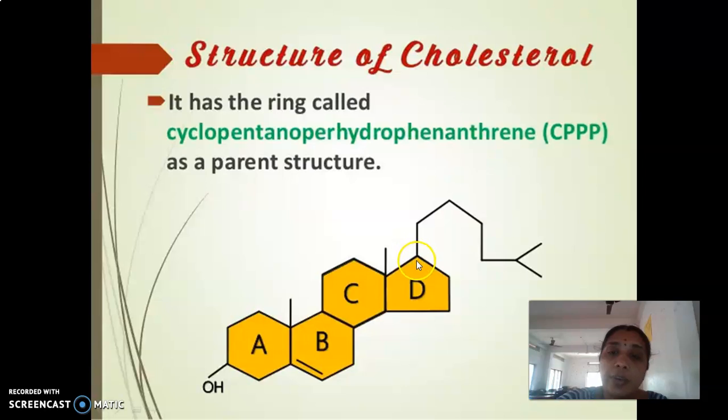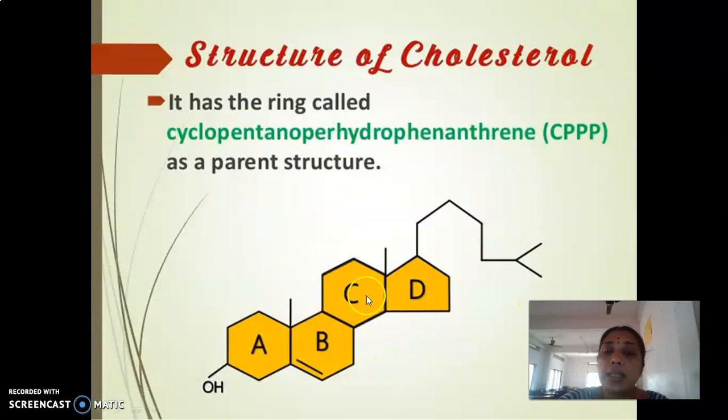So at 17 the ring numbering stops. Then this forms the 18th carbon atom. This is a methyl group. So the 18th position is occupied by a methyl side chain, and this is the 19th carbon atom. That's another methyl side chain. Okay. Then this is 20, 21, 22, 23, 24, 25, 26, and 27, right? So this is how the 27 carbon atoms are formed.